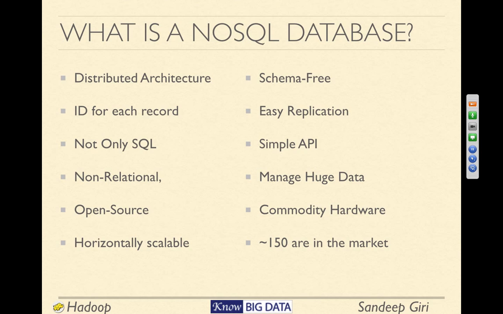We will show you that if we try to provide relational properties, meaning a strong relation between records, foreign key, primary key, and all of that, then the whole purpose of distributedness gets defeated. Therefore none of the NoSQLs are able to implement relational databases.